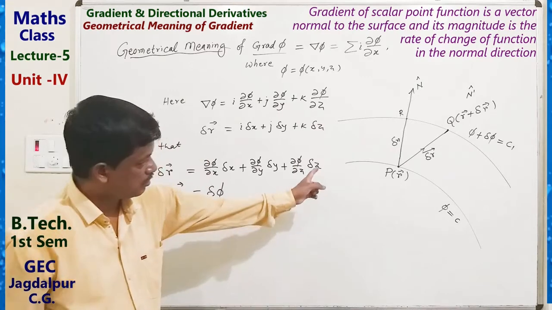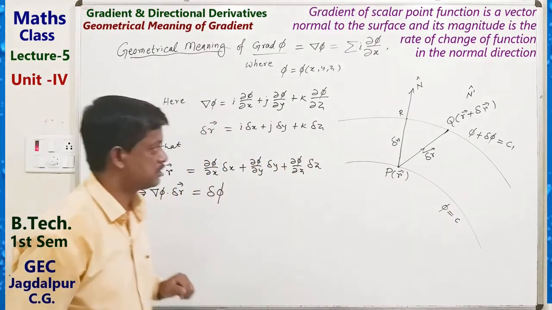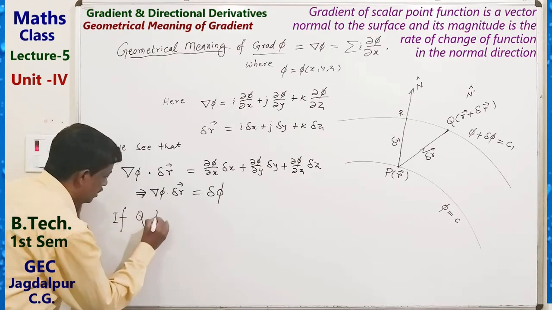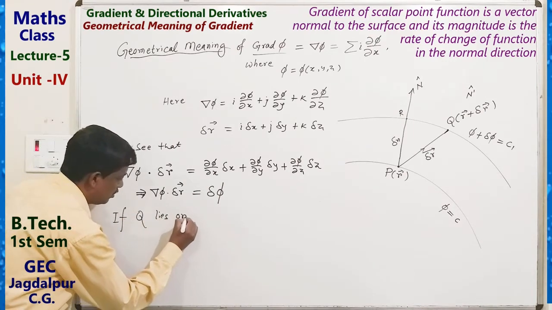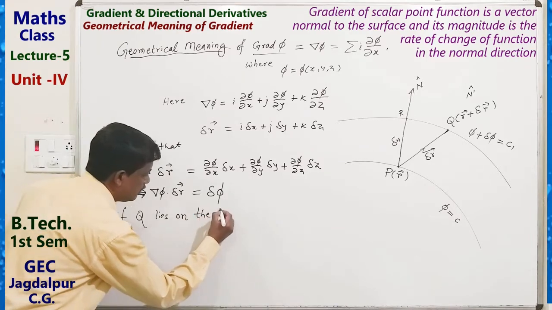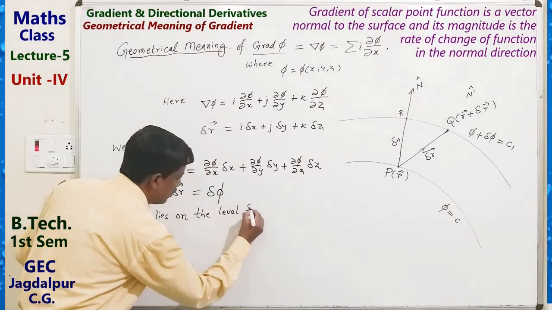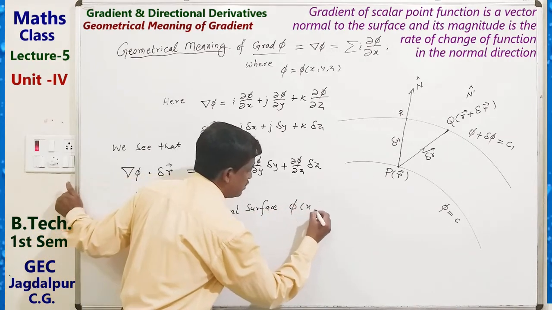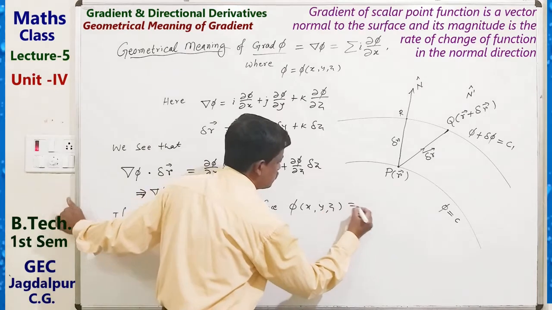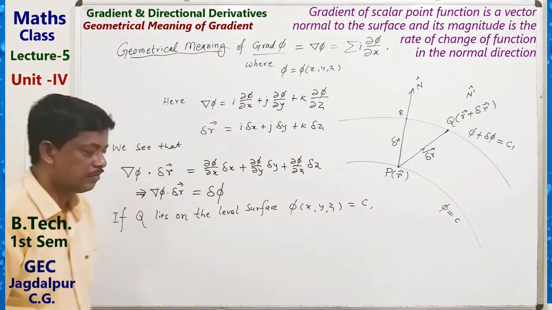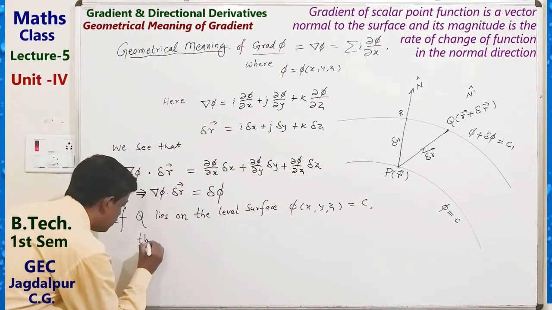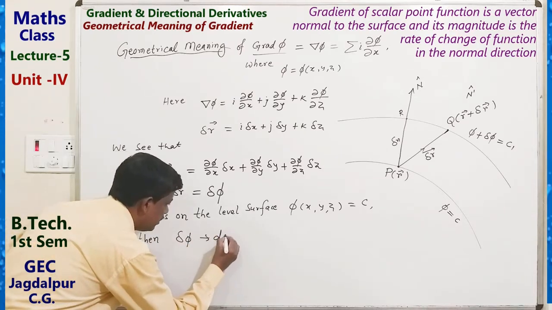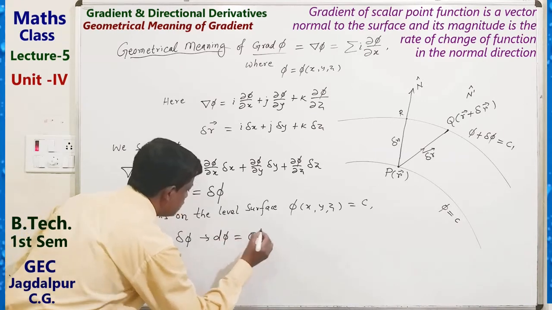Just here on this level surface, if q lies on the level surface phi x, y, z equals c, then delta phi tending to d phi is equal to 0.